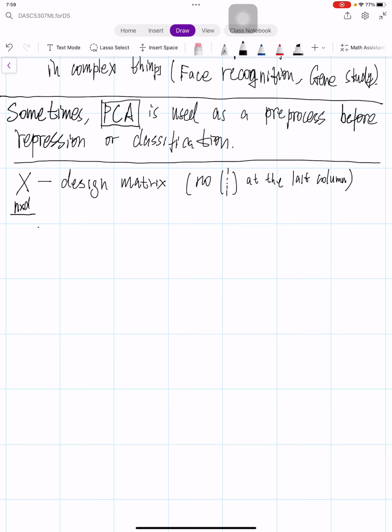We also further assume all the features are centered.